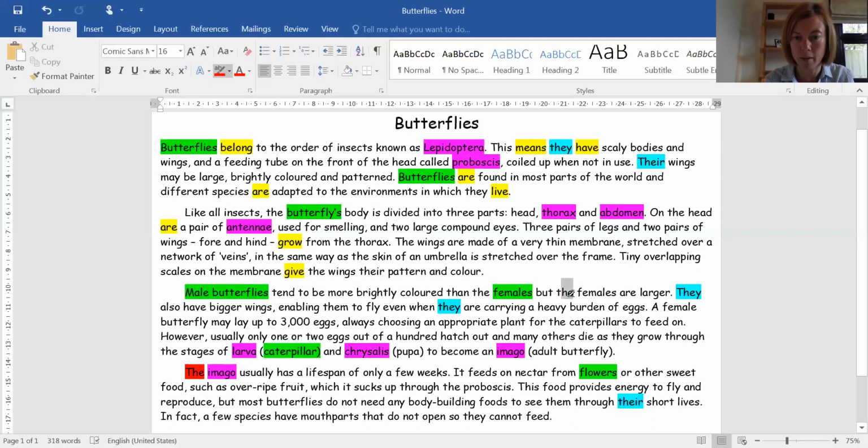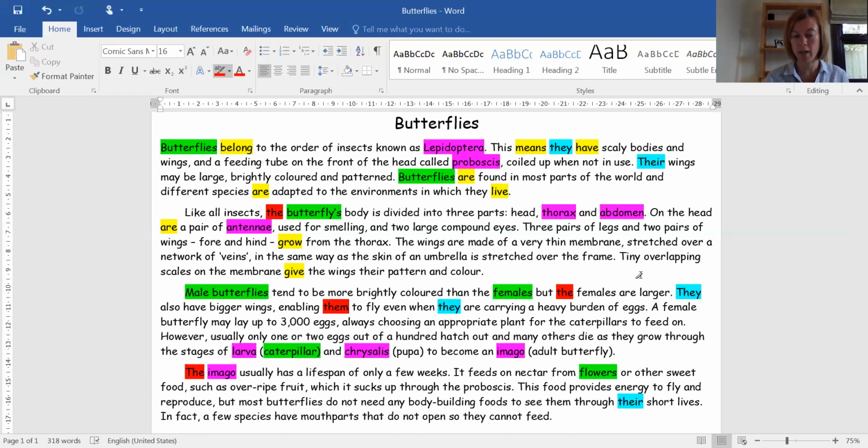The females. The butterfly's body. Words like them. Okay, so we're not using us, we, our, I, or me. It's impersonal, we're detached from it.